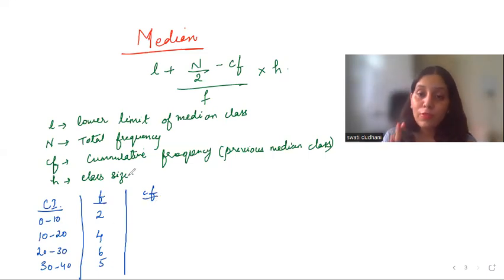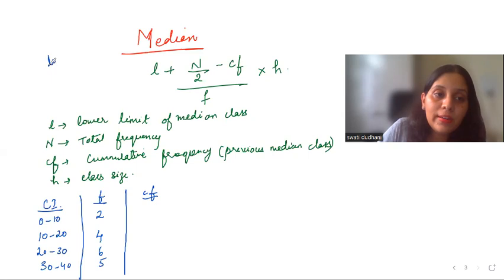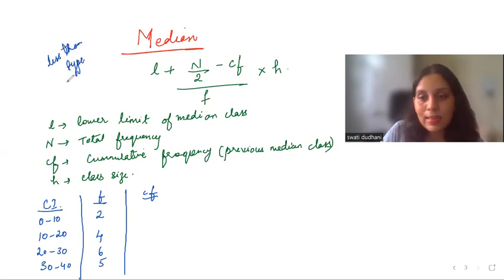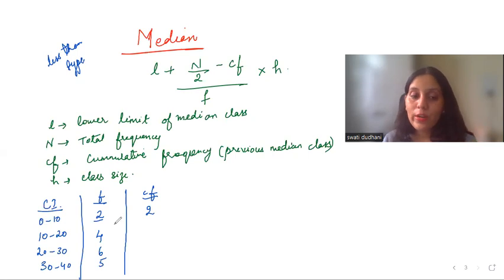Cumulative frequency for median is generally written the less than type. Less than type, okay? So for cumulative frequency, the first one is written as it is. Now from the next one, you add diagonally. 4 plus 2, 6. 6 plus 6, 12. 5 plus 12, 17. Okay?